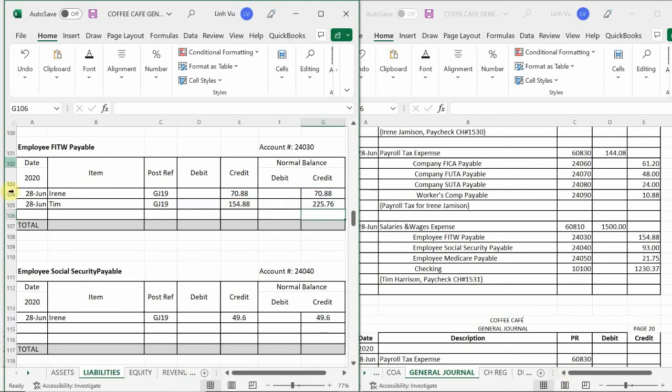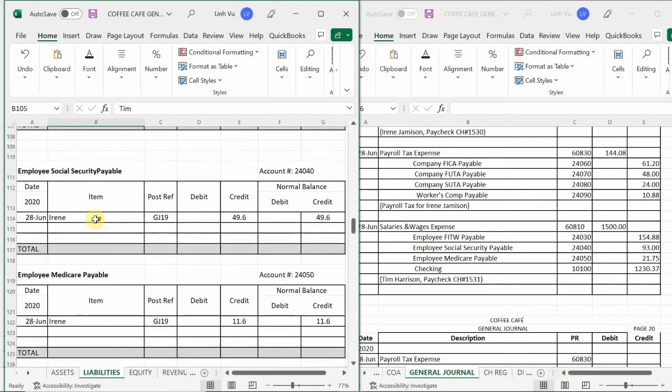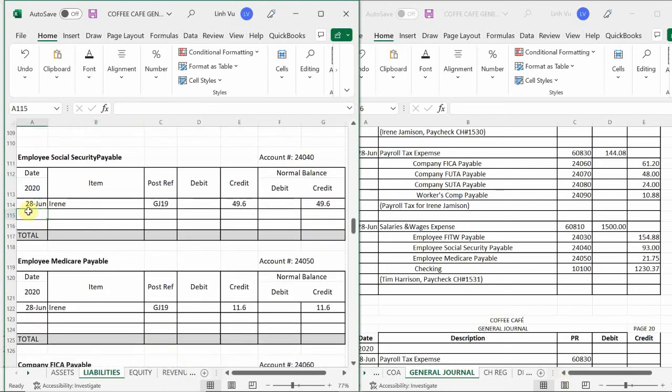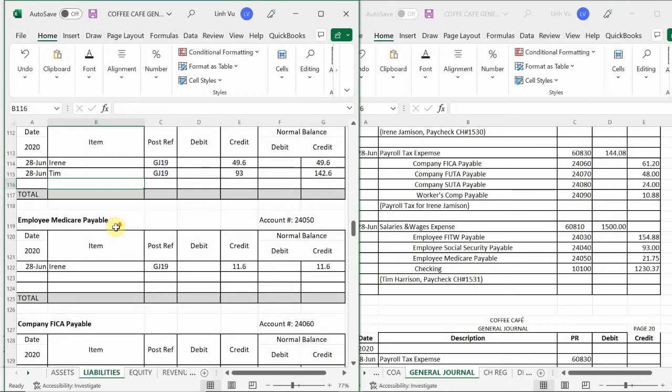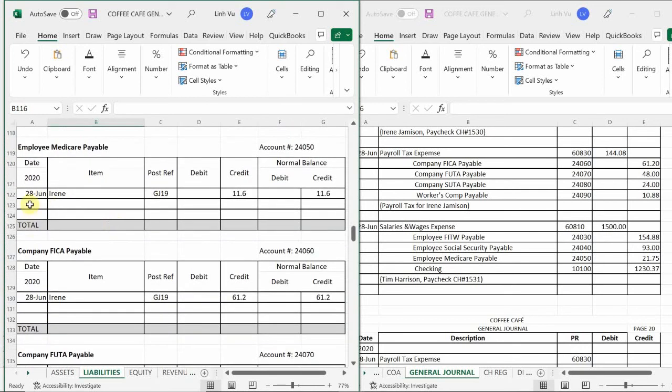Good. And then for the Social Security, it's $93. And the grand total is now $142.60. Good. Yes.